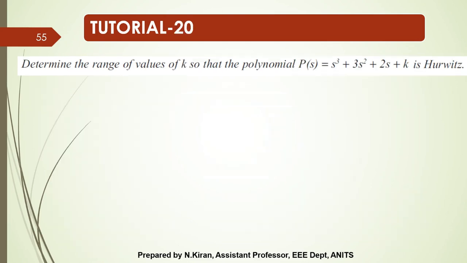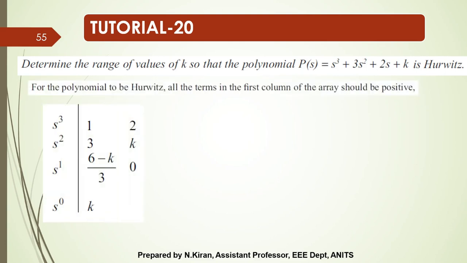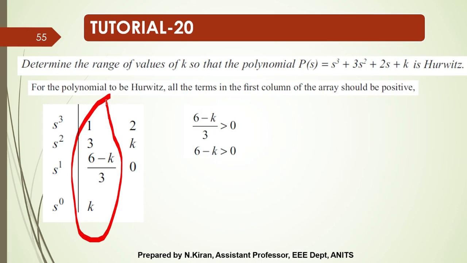The last tutorial: determine the range of k such that the given polynomial is Hurwitz. The same procedure we must follow. After constructing the Routh table using the formula, the first column should be positive. For that, (6 - k)/3 should be greater than 0, isn't it?